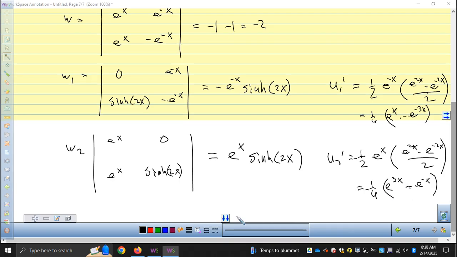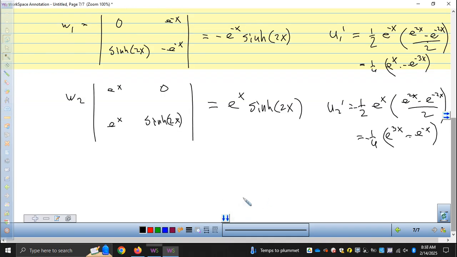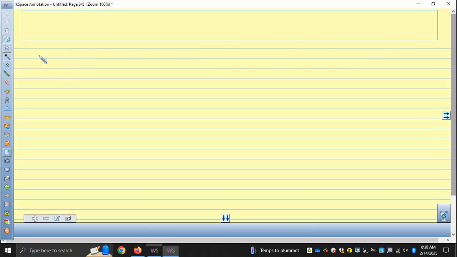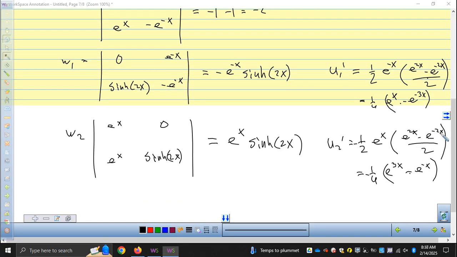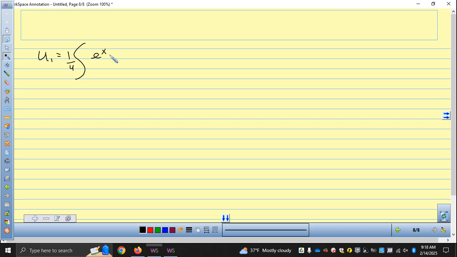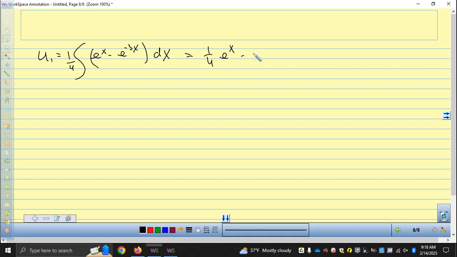Okay, so now we're going to integrate. So u1 equals the integral, or I'm going to say 1/4 the integral of, what do we have? e to the x minus e to the minus 3x. Which equals 1/4 e to the x minus 1/12 e to the minus 3x.